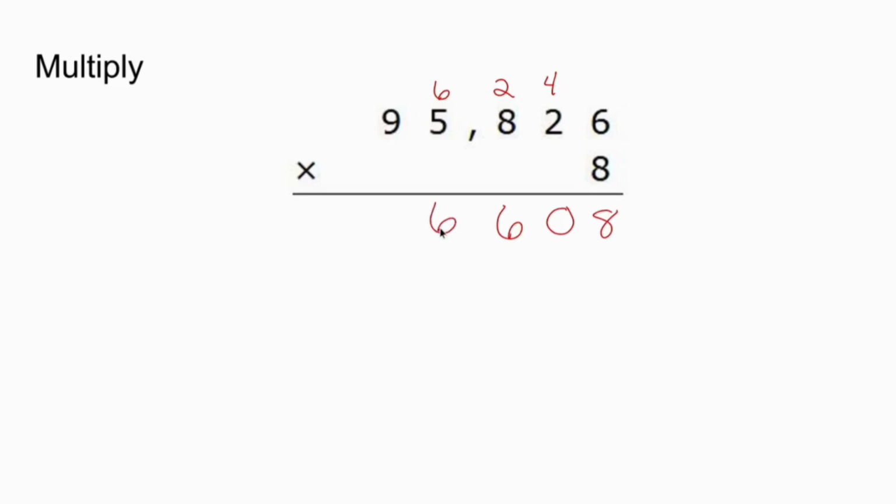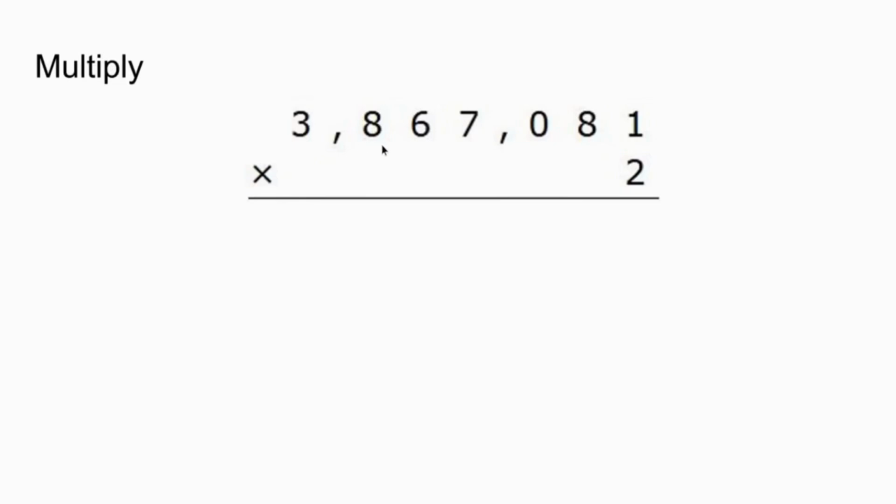So write out your 6, carry over the 4. 8 times 9 is 72. 72 plus 4 is 76. So since that's our last digit, we're going to write out 76. Let's count from the right. 1, 2, 3, put a comma, no more commas, and we end up with 766,608.